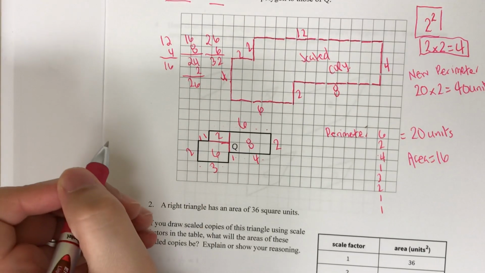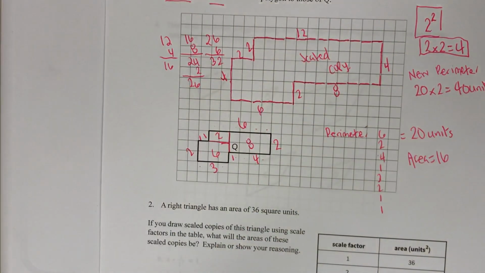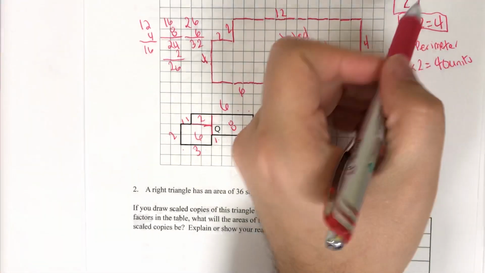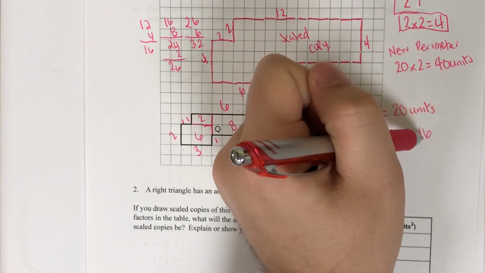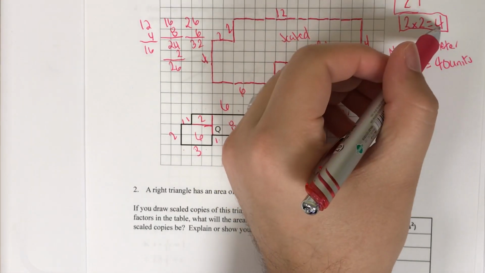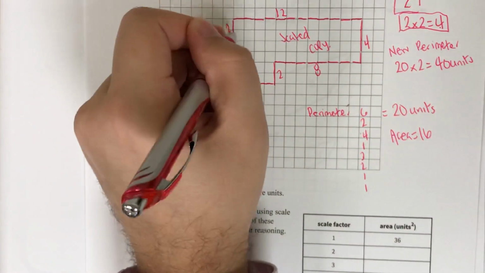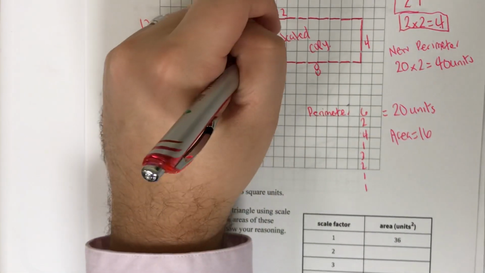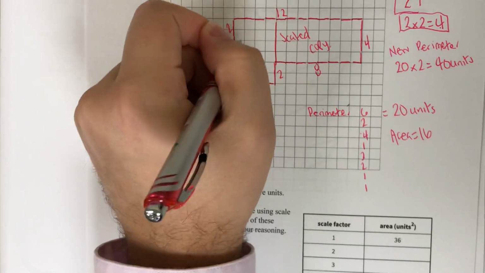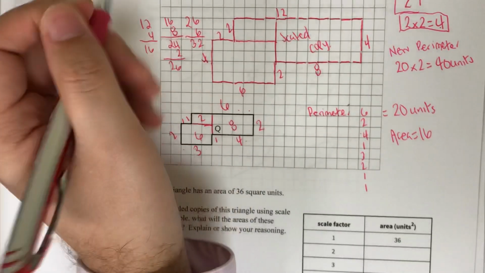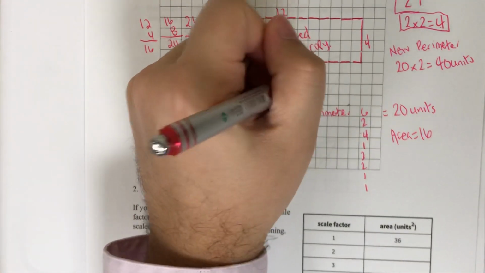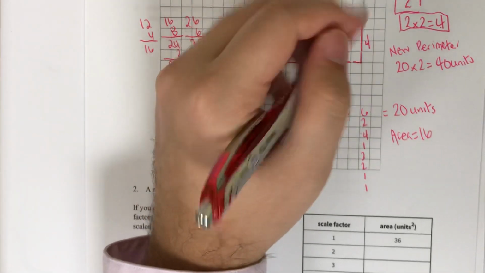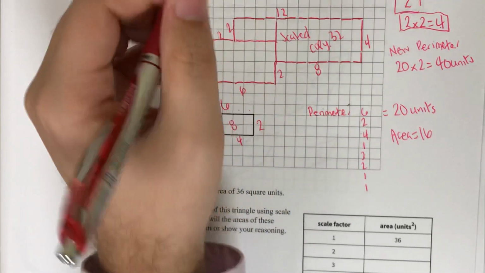So I'm going to break up the new area. What we're hoping for is that if I take 16 and multiply it by 4, it should give me my new area, but I want to make sure that pans out. So I'm going to break it into these rectangles. This is an 8 by 4, which should be 32.